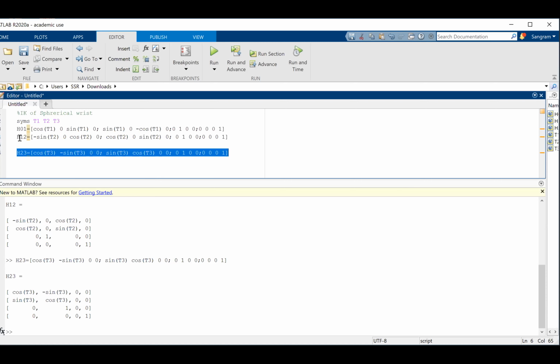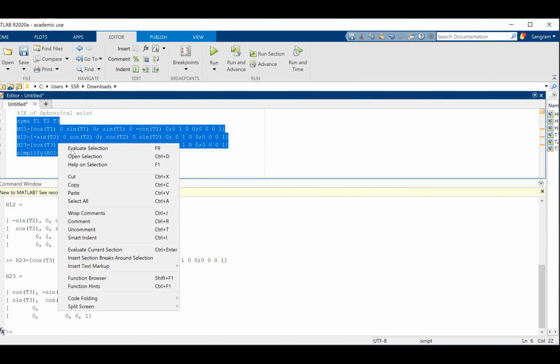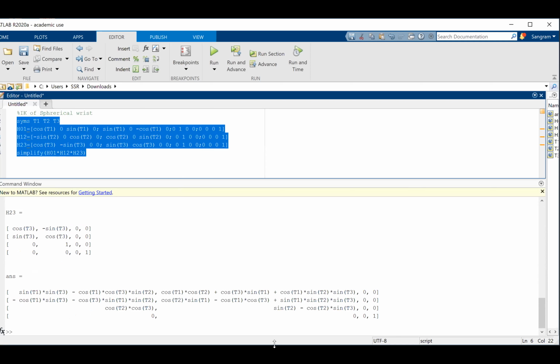Okay, so now we have H01, H12, H23. So what I'm going to do now is simplify H01 multiplied by H12 multiplied by H23. And so now I want you to notice this long answer that we got.